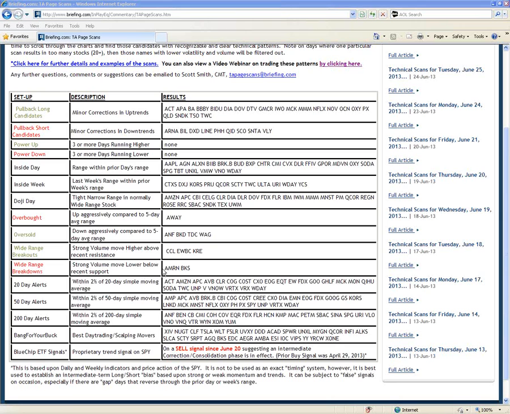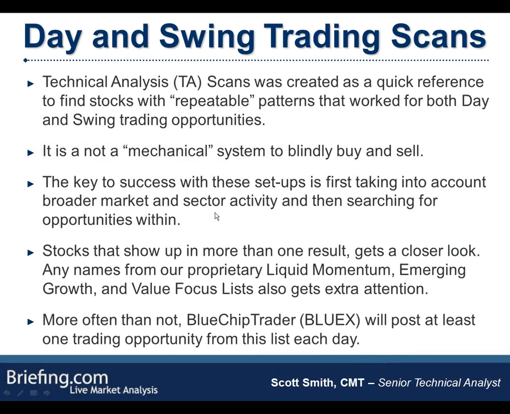Last Thursday, I think it was, when we broke down in the market, the wide range breakdowns exceeded like 175 results. So right off the bat, I'm forced to filter for those showing the highest volume. Now, just to take a quick break, I'm going to jump back to the PowerPoint.